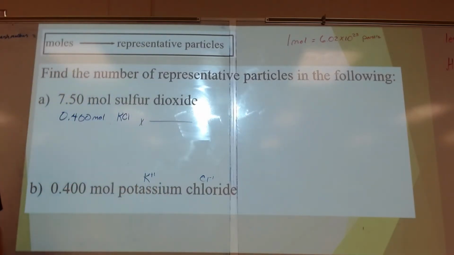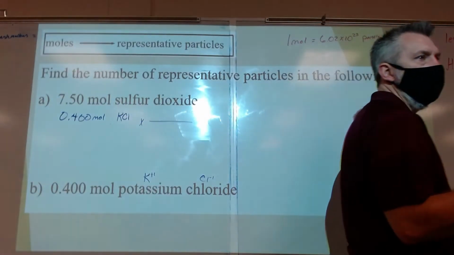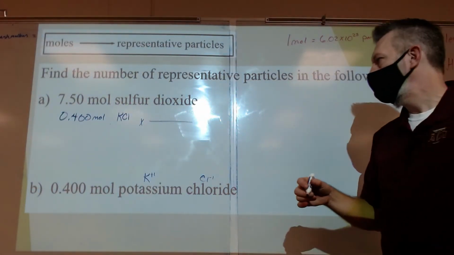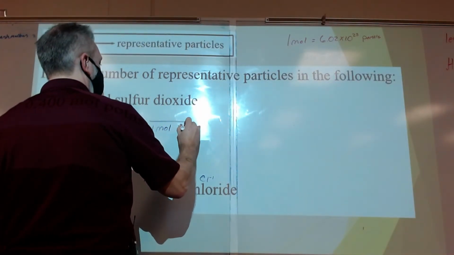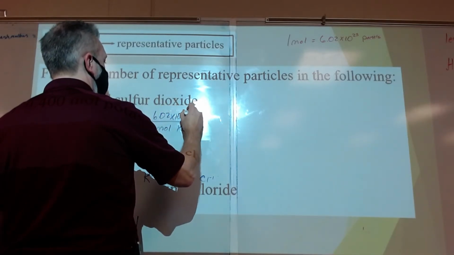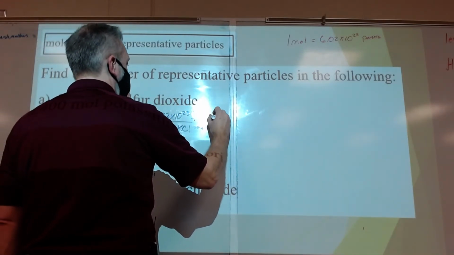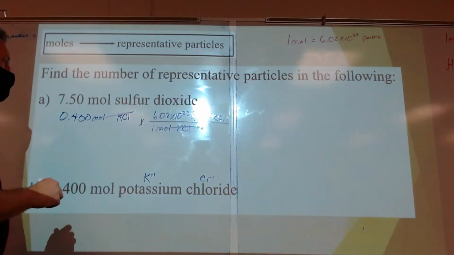Potassium chloride is what kind of compound? Ionic, and so what do we use to talk about ionic particles? Formula units, yeah, there you go. So 1 mole of KCl is 6.02 times 10 to the 23rd formula units of KCl.